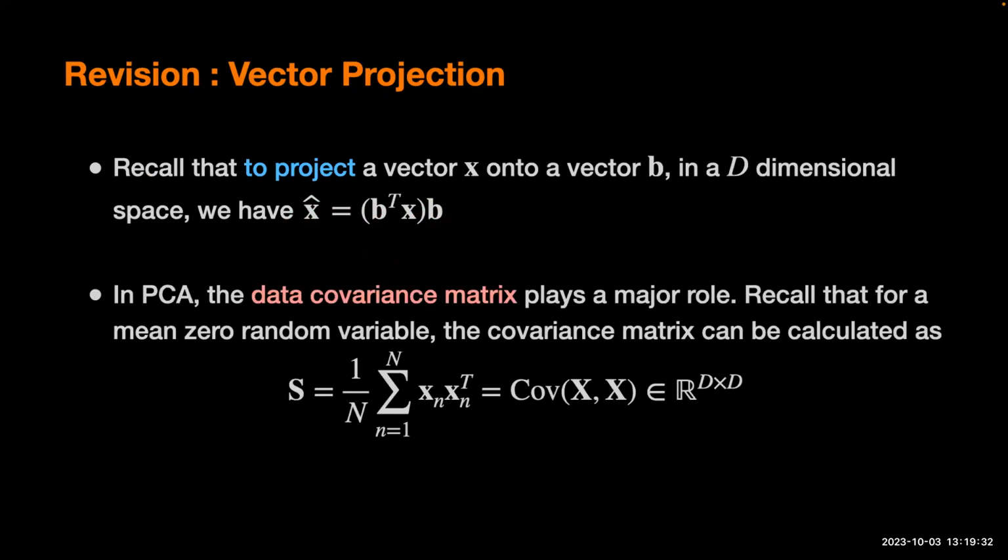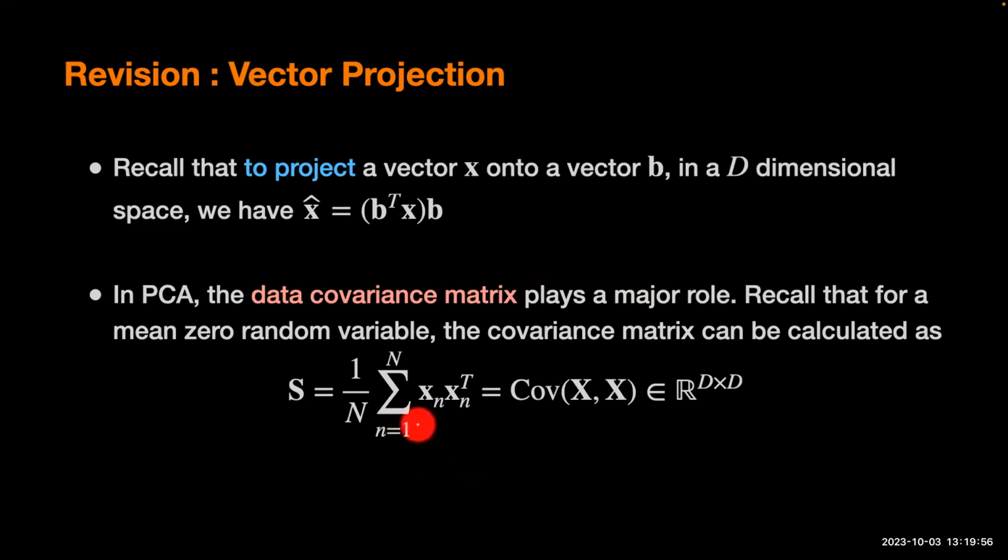And something that will become very useful in this lecture is the covariance of the data. The data covariance is just how much spread you have in the data. By definition, the covariance is x minus mu dot x minus mu, divided by the length.